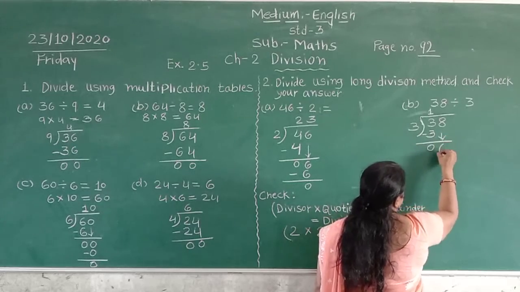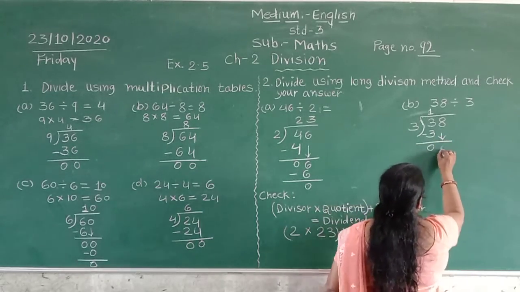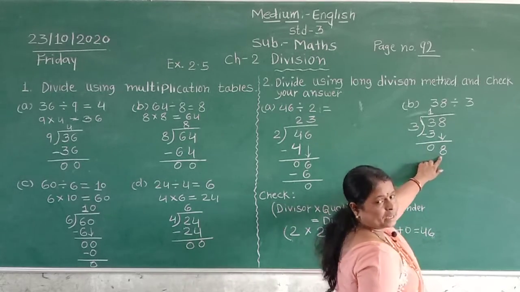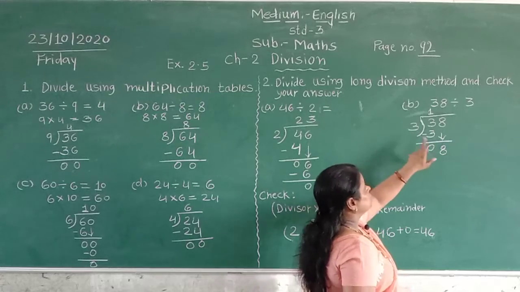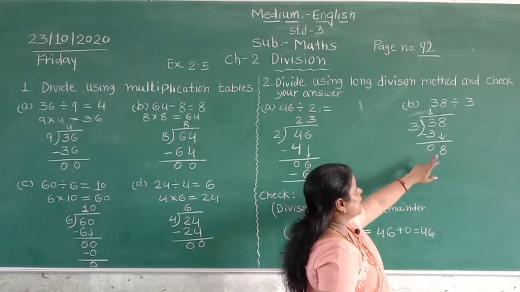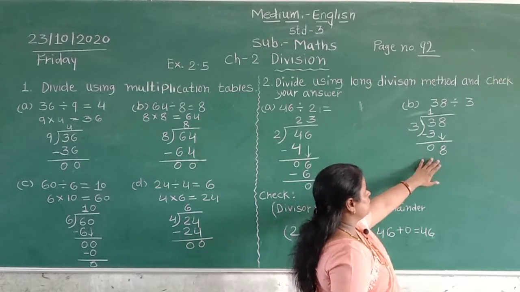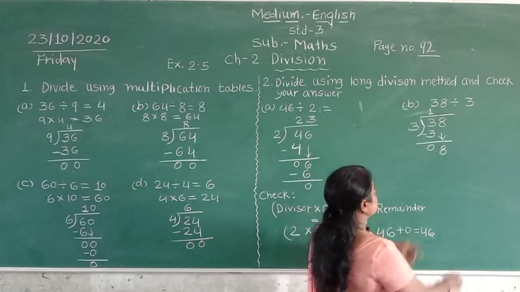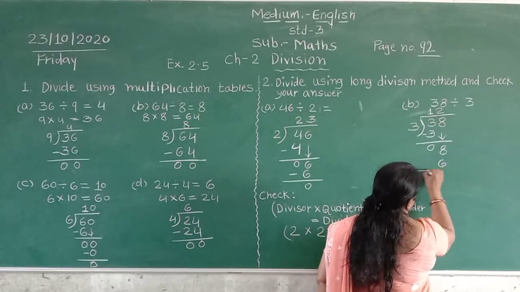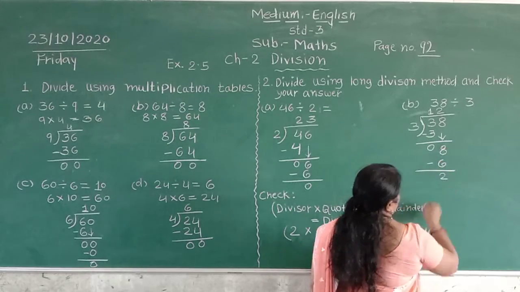Bring down 8. Now 8 is a big number, so divide by 3. 8 does not come in table of 3, so we write a smaller number. In table of 3, 3 2s are 6. So here we write 3 2s are 6. And 8 minus 6, 2.